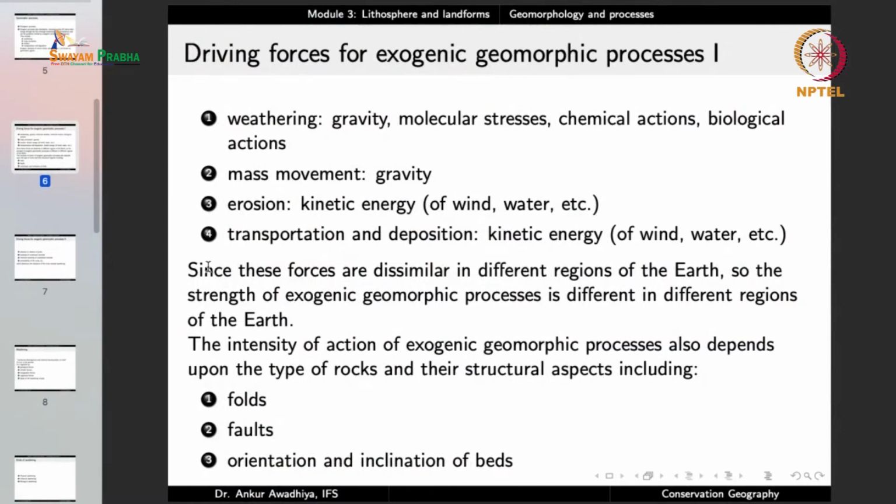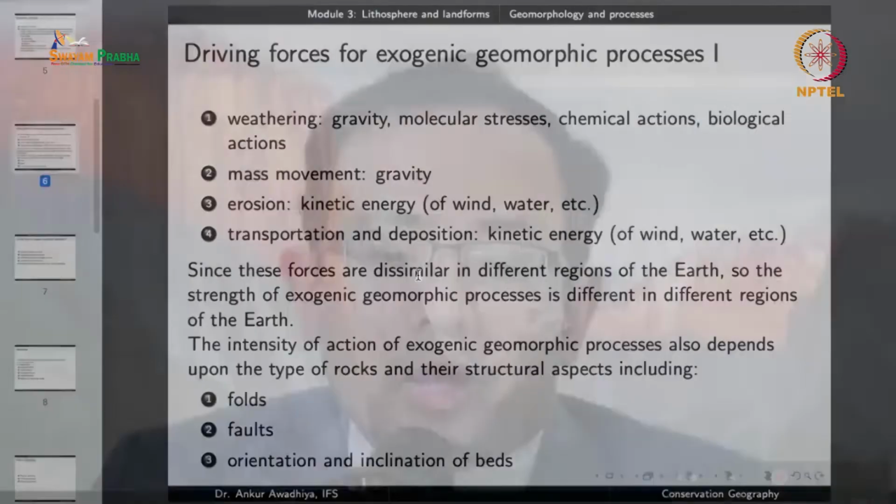Now, since these forces, the gravity, molecular stresses, chemical actions, biological actions, kinetic energy, are dissimilar in different regions of the earth, the strength of the exogenic geomorphic processes is also different in different regions of the earth. Now here again, what we are observing is that the impact of these exogenic forces is different in different areas.